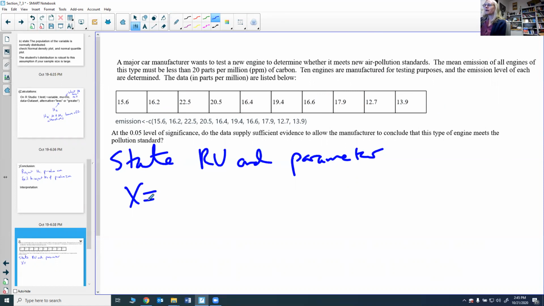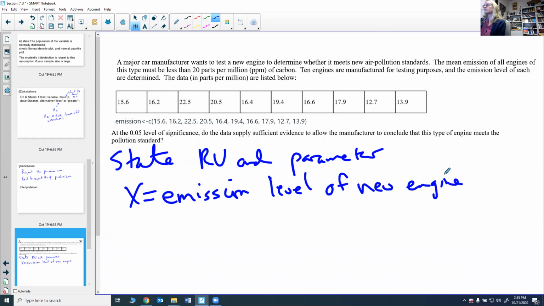So what I measured was the emission level of the new engine, because I don't care about the other engines, I care about the new engine. Then I'm going to be looking at the mean emission levels. That's the parameter I'm going to be talking about.